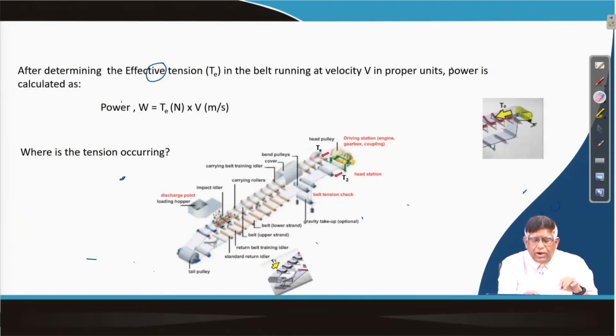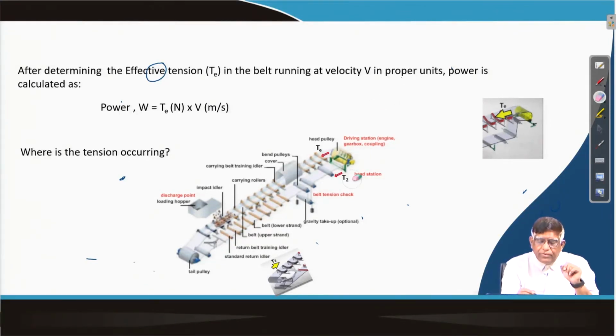When you are driving, exactly at this end drum, there will be an effective tension coming along this. You are overcoming this, and only then will you be able to rotate it. Resistances are in this direction, so you rotate the motor so that the material goes like this.